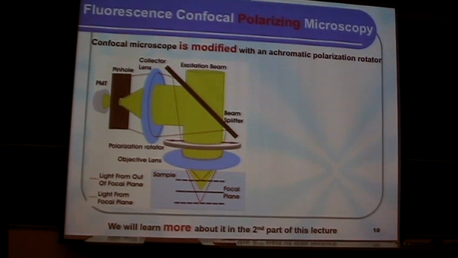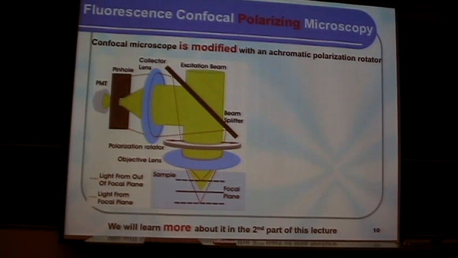Later on during this lecture we'll also discuss a somewhat different type of confocal imaging, which is used for visualization of patterns of molecular orientation in soft matter systems such as liquid crystals.